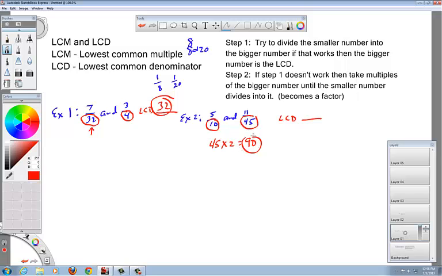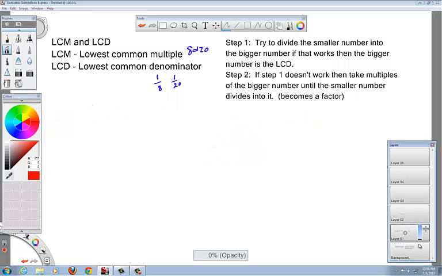Now, this is the next best logical choice for an LCD, because 45 only goes into multiples of itself. So if this smaller number now, 10, goes into 90, which it does 9 times, then that's your answer. So you just repeat this process. If that didn't work, you would try 45 times 3 and then keep going. Let me show you an example of that one.